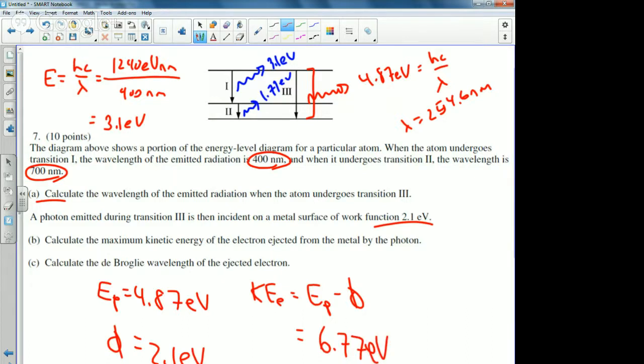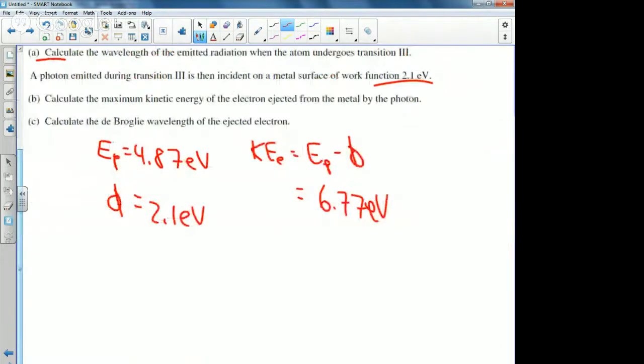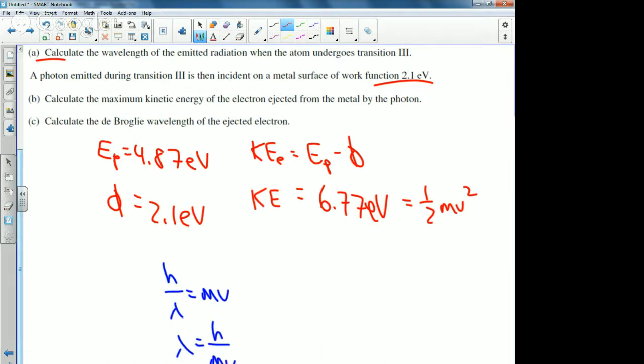And if you want to solve for the de Broglie wavelength of the electron, if you know the kinetic energy, first of all, you have to set the two momentum formulas equal to each other. h over lambda equals mv. So lambda is equal to h over mv. But we don't know v. But we know kinetic energy. So we can set this equal to 1/2 mv squared. The only thing you have to be careful about is that kinetic energy has to be in joules.